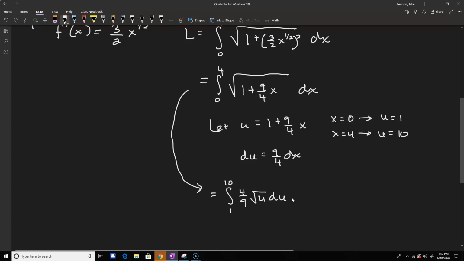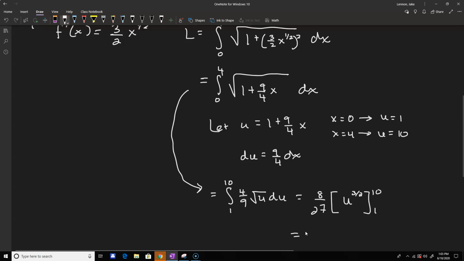And now we can find the antiderivative of that. So again, you're going to be adding 1 to the power of 1/2, which is 3 over 2, and then we're going to multiply by 2/3. So we're going to get 8 over 27 times u to the 3 over 2 from 1 to 10. And then you can go ahead and plug in the numbers.